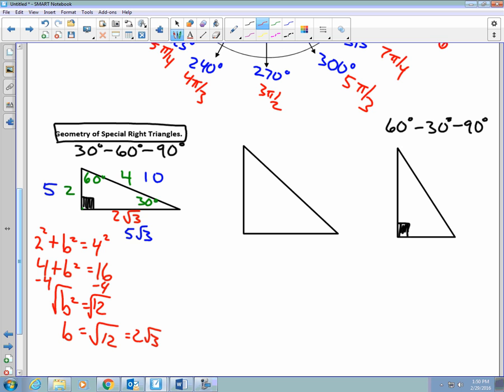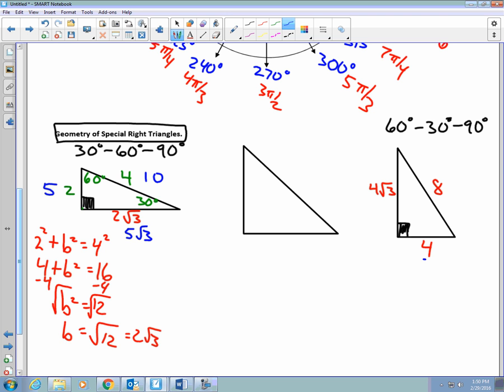Suppose we know that this side is 4 roots of 3. Can anybody tell me what the short leg is going to be? 4. And what would the hypotenuse be? 8. I'm going to switch it up.